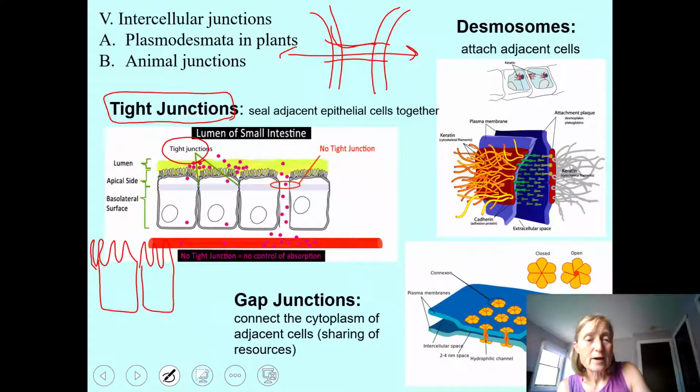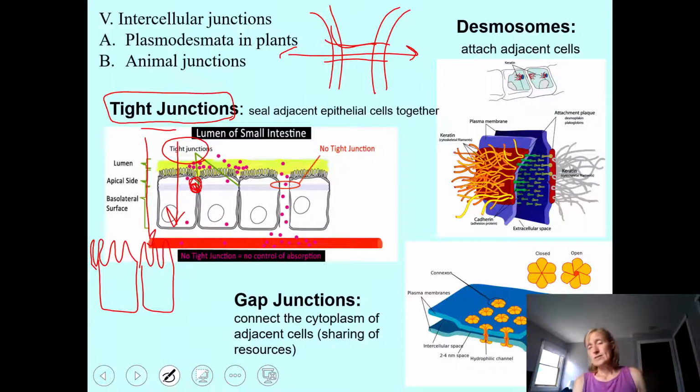And between them are tight junctions that seal these two cells together. Two functions of tight junctions include they prevent the passage of materials between the cells, so nothing can get between the cells. Anything that wants to pass from, say, the lumen of the small intestine into the tissues of the body has to go through the cell.